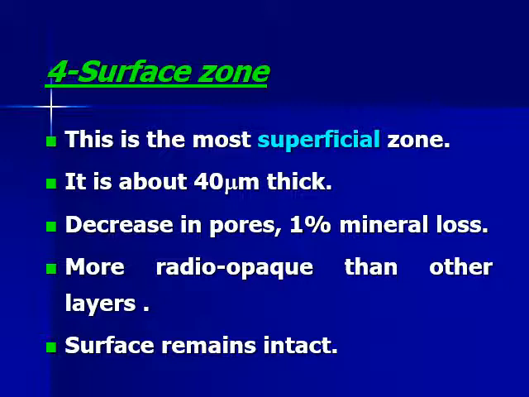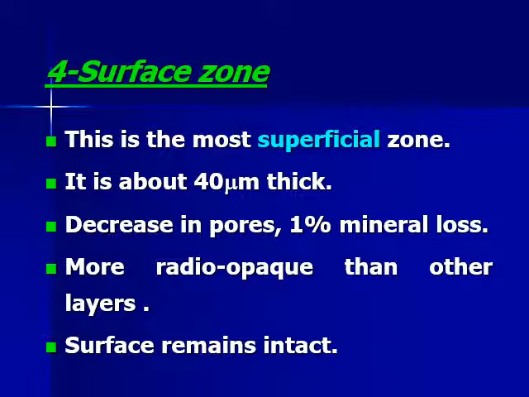The reason for that is that although it is the first layer attacked by the acid and bacteria, it is always subjected to repair from the outer side. Minerals are precipitated from the oral cavity and the saliva, and some are precipitated from the body of the lesion, or the third zone, from the other side. So it gets salts from both sides, from the oral cavity, from the saliva, and from the inner zones.